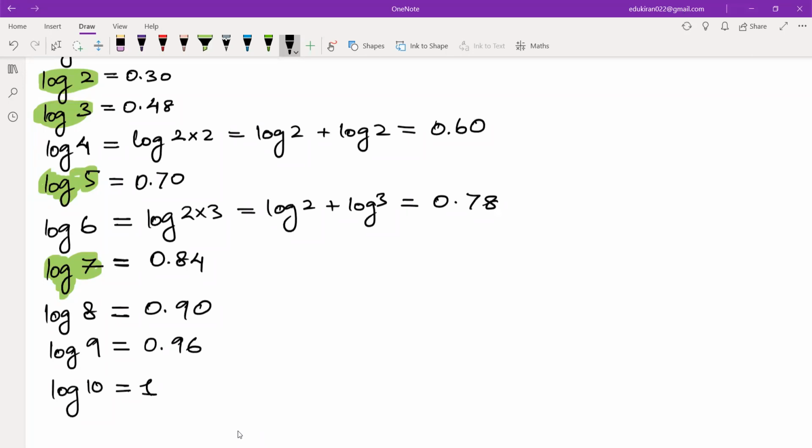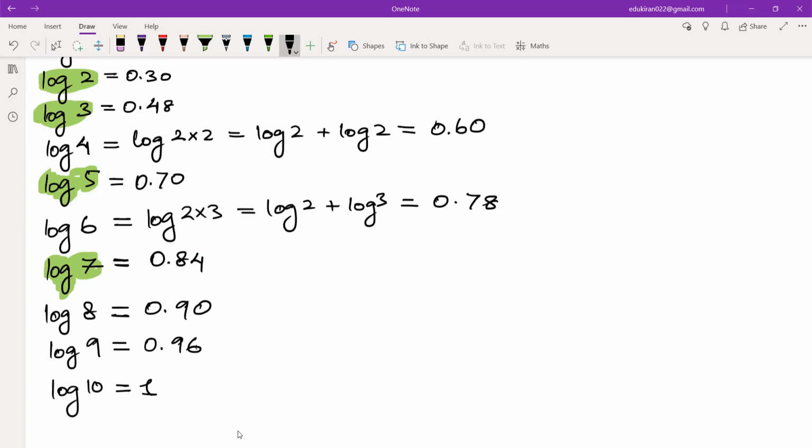Okay, so what I have done now is rounded up all of these values. When you multiply 3 into 3, it should actually be 0.95, but it is 0.96. This is not exactly correct because I have approximated these values. Log of 2 as 0.3, log of 3 as 0.48, all of these I have approximated.